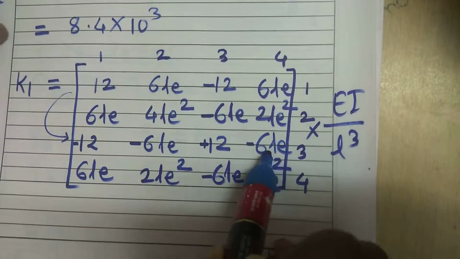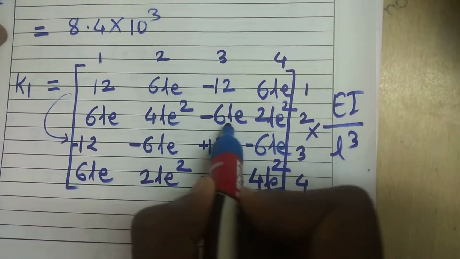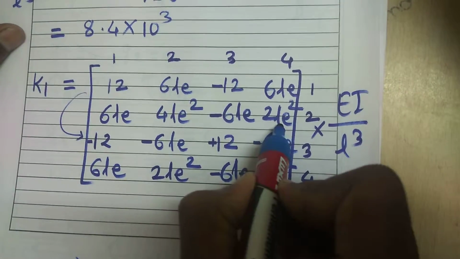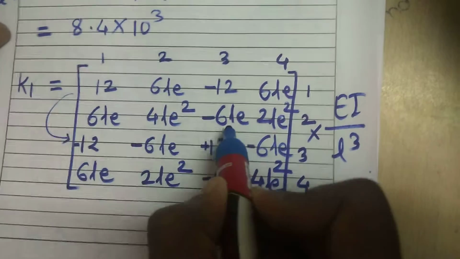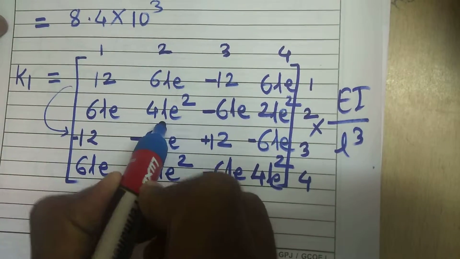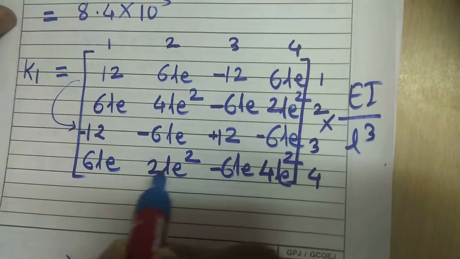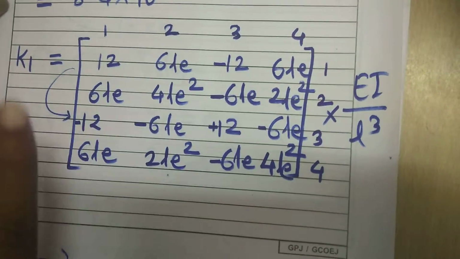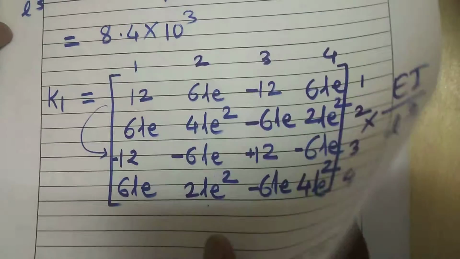This will be minus 6Le. Then the second row is 6Le, 4Le square, minus 6Le, and 2Le square. 6Le is reflected as it is, minus 6Le is reflected as it is, 4Le square will be placed in this place, and 2Le square is placed in this place. This is the simulation for remembering the formula.